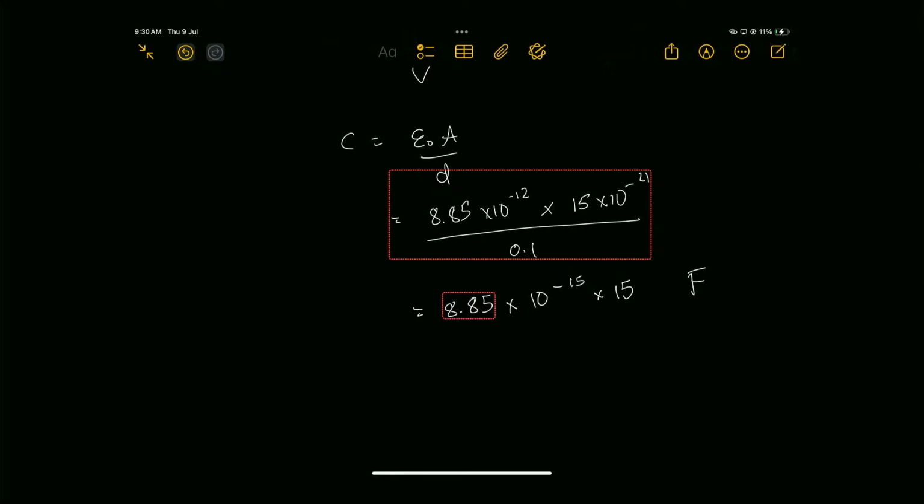Now in this question, they gave us that the voltage across the plates is 5 volts. So that piece of information was not necessary to actually do the question, right? So some questions might be like that, where you might get information that you do not need to use to actually do the question.